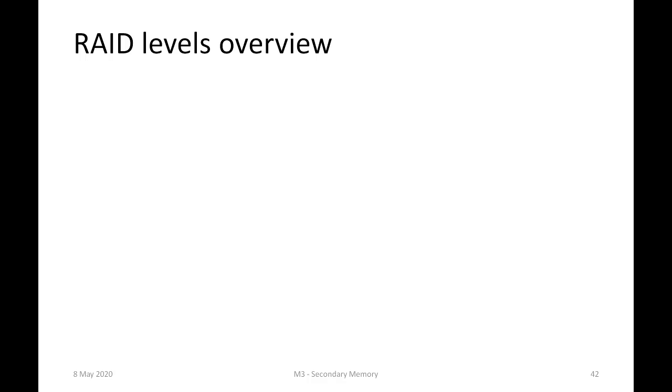Over the past few decades, we have many levels of RAID with improved capability and better deployment facilities. Here is an overview. RAID 0 doesn't have any redundancy, so there is no overhead with redundant check disks.